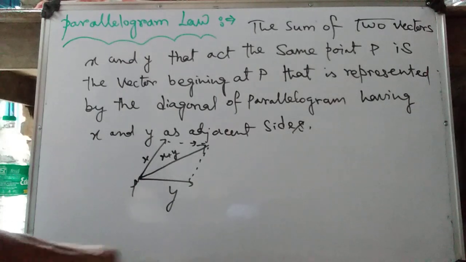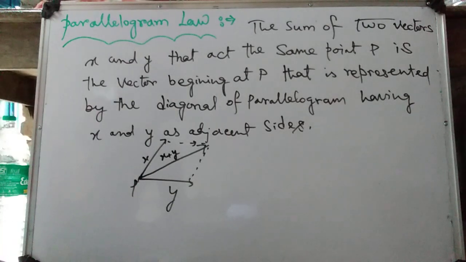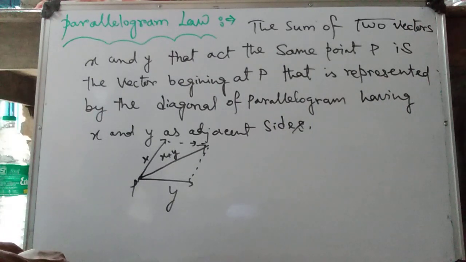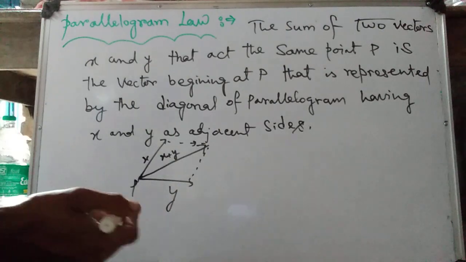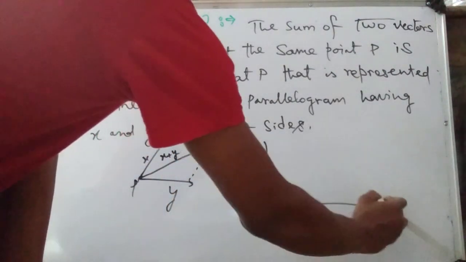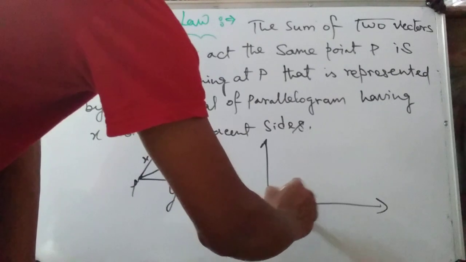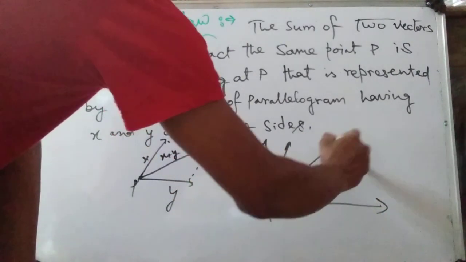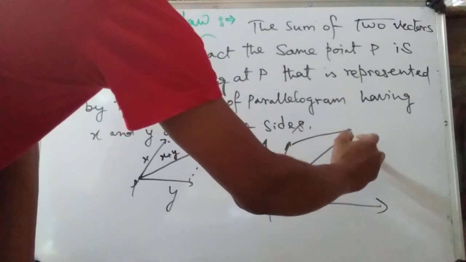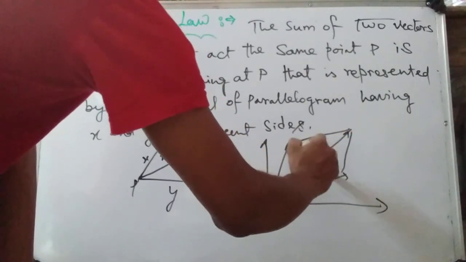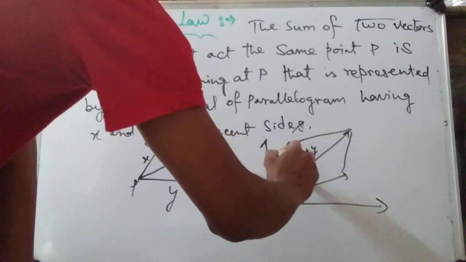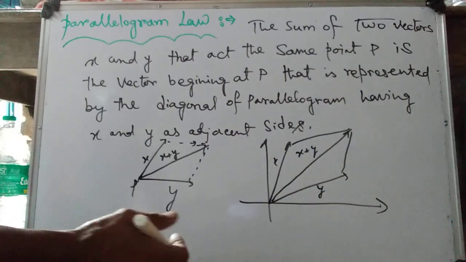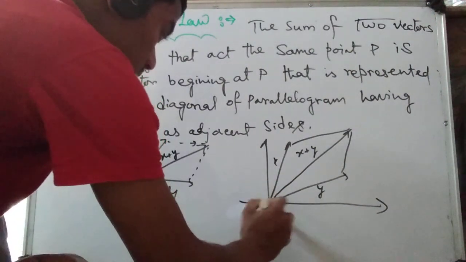Now we write it in this way. If we draw a figure in a coordinate system, then this one is x, this one is y, and this one is r, which is x plus y. Now we mark this one as P, this one Q, R, then PQ equals x plus y.